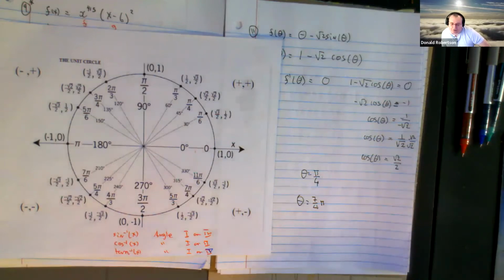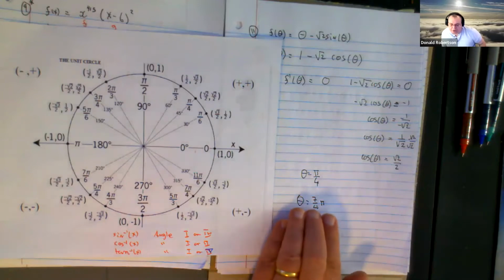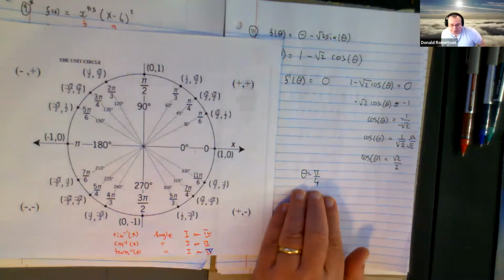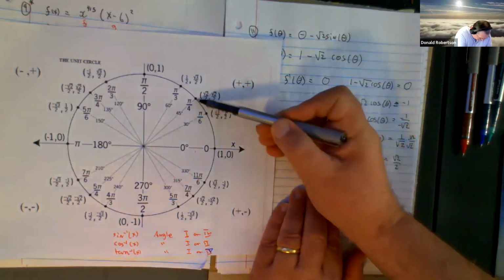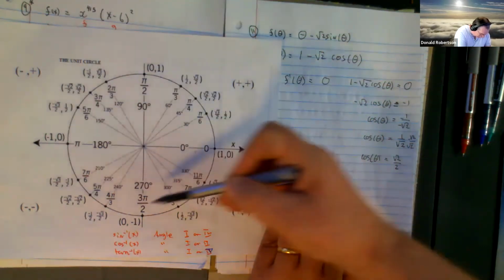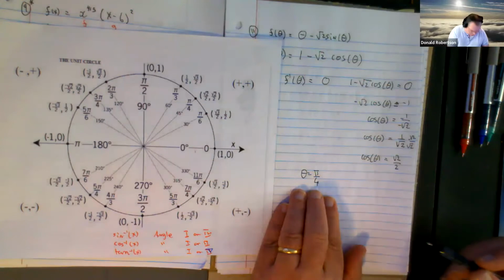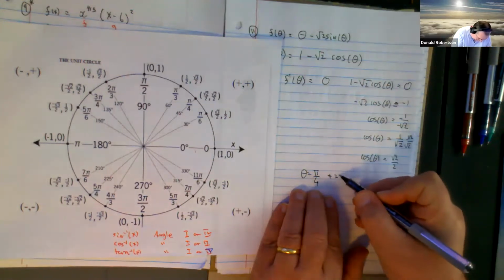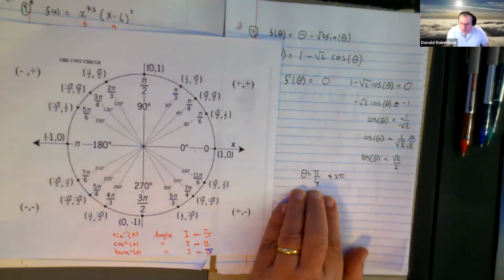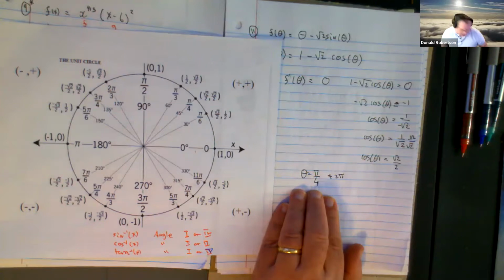And the reason why they talked about this integer n is that, technically speaking, let's look at this one. That's pi upon 4. Couldn't I also go round the circle again and finish up at pi upon 4? So wouldn't that guy plus 2 pi also work? And wouldn't that guy plus 4 pi and 6 pi and 2 billion pi?